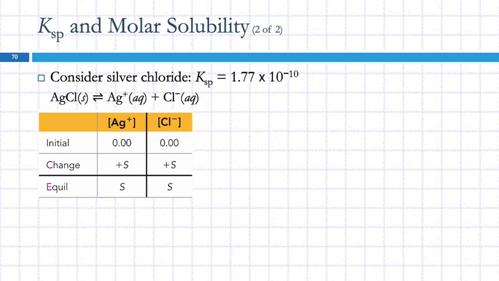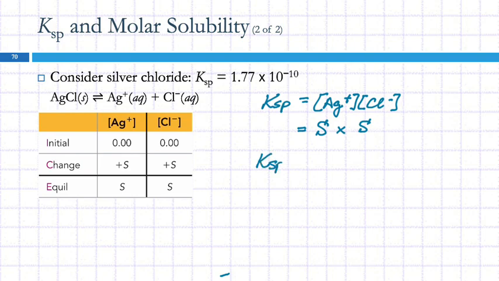So KSP for this one is equal to the silver ion concentration times the chloride ion concentration. This is equal to S, and that is equal to S. So it's equal to S times S. Trying to make sure those don't look like 5s. So KSP equals S squared.